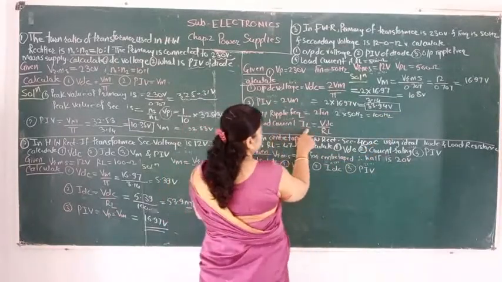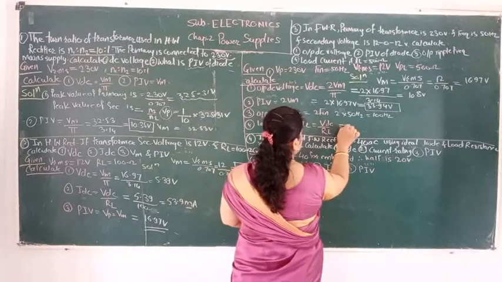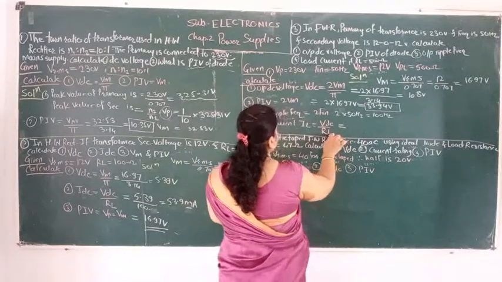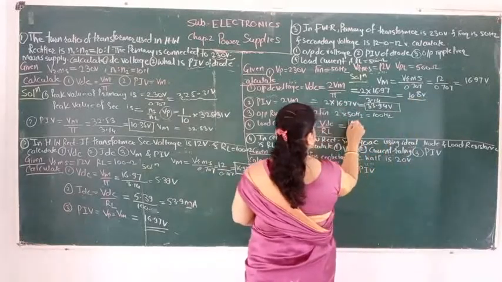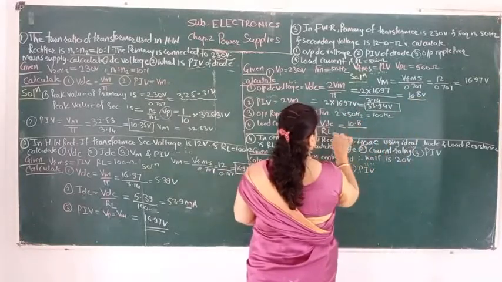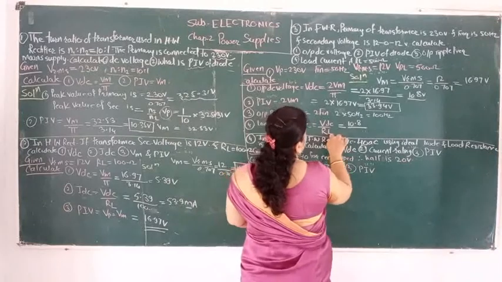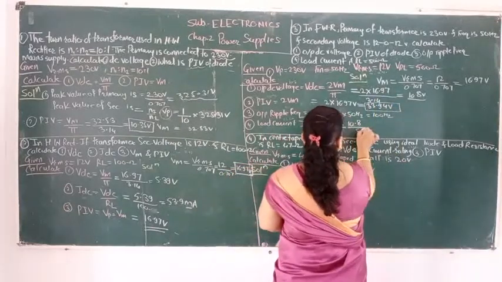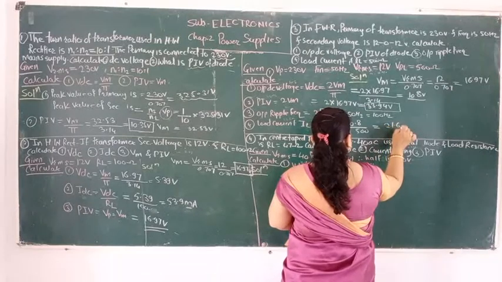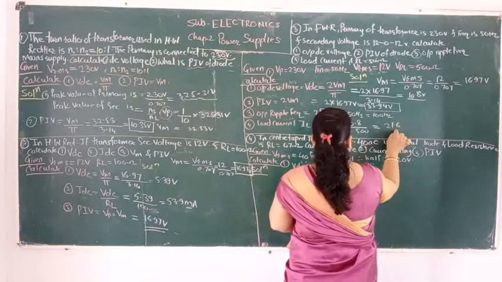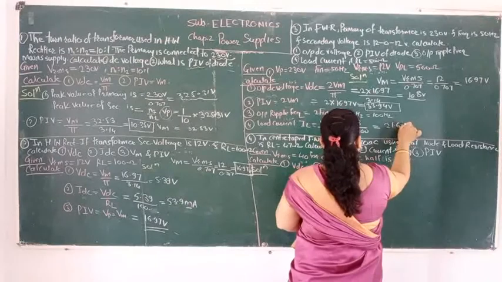Next is the load current IL. IL is how much? VDC divided by RL. We calculated the VDC here as 10.8, and the value of RL is 500 ohm. So it is near about 21.6 milliampere.